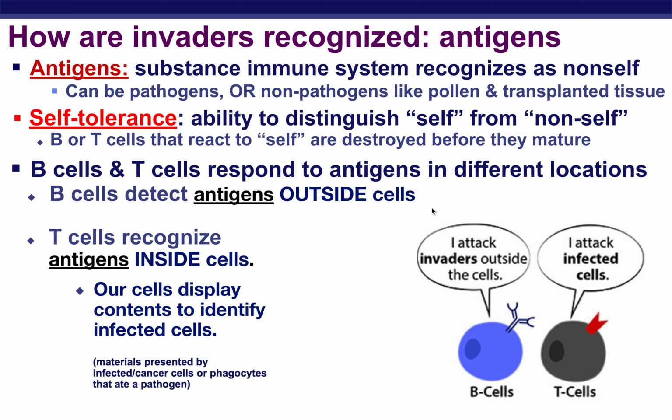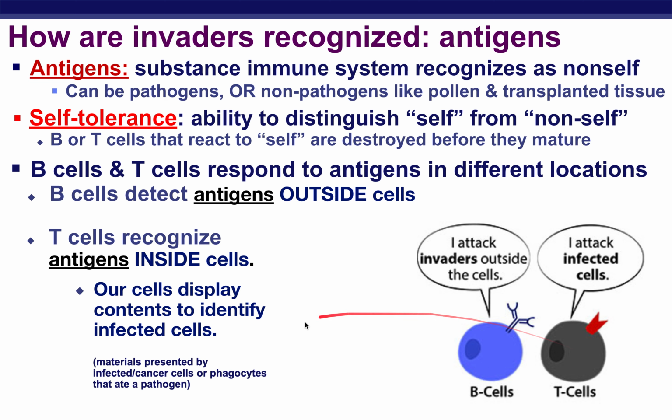So B cells are good at finding invaders outside your cells, finding antigens floating outside the cells before they've entered a cell, for instance. But if they've entered a cell, they might be able to evade those B cells. So then we have the T cell to help us recognize if an antigen is being produced inside the cell. If a virus has snuck into a cell and taken over that cell, then the T cell is capable of discovering that. It's also good at finding out if a cell suddenly has turned weird on you, like become cancerous.